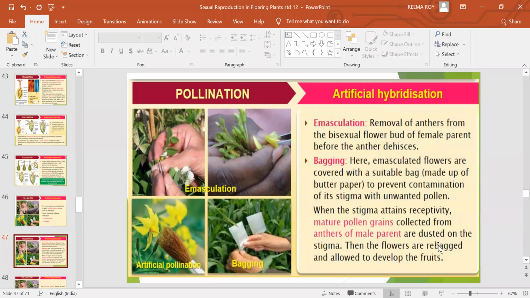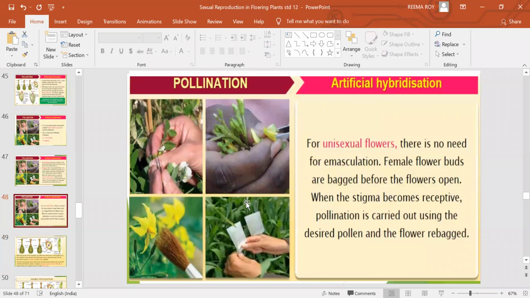Our desired matured pollen grains I have already collected from the anthers and they are dusted onto the stigma. Then the flowers are rebagged. Again it is rebagged, and this will allow them to develop into a fruit.